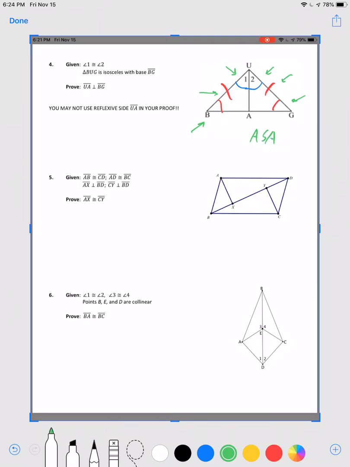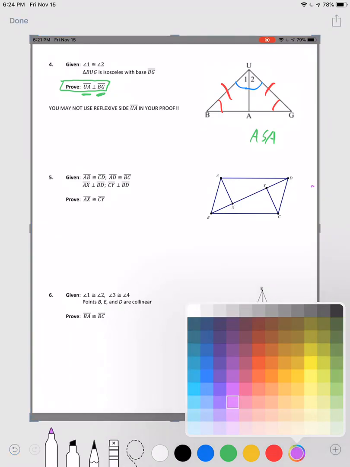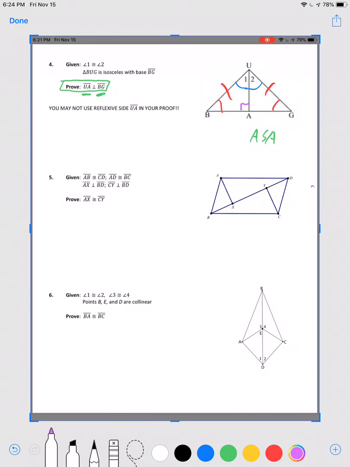Now, we're not done yet, because we don't want to prove that the triangles are congruent. We want to prove that UA is perpendicular to BG. So we're still not done yet. But we're almost there. Since the 2 triangles are congruent, in particular, this angle in purple has to be congruent to this one.